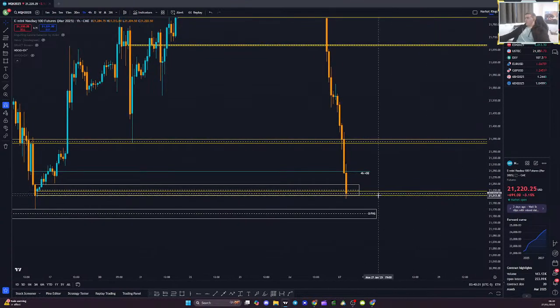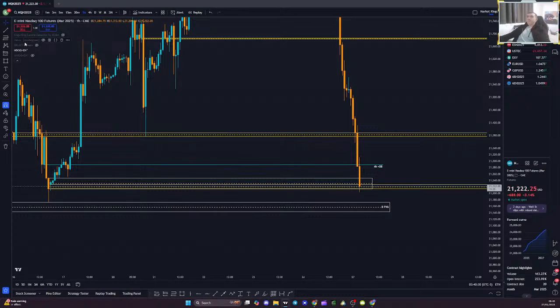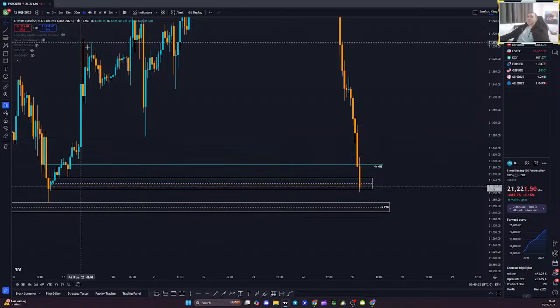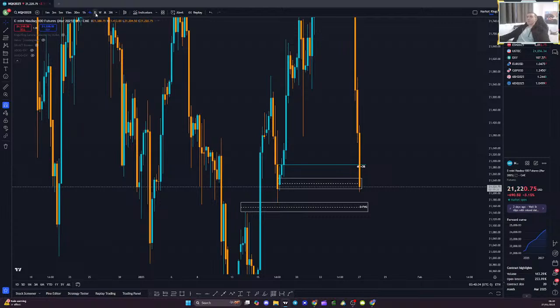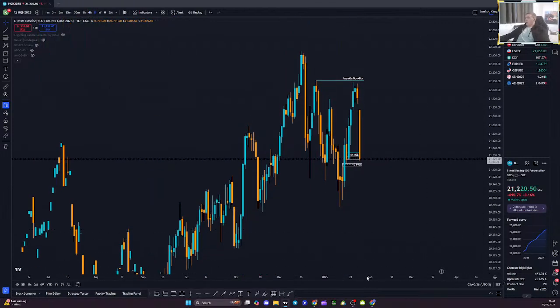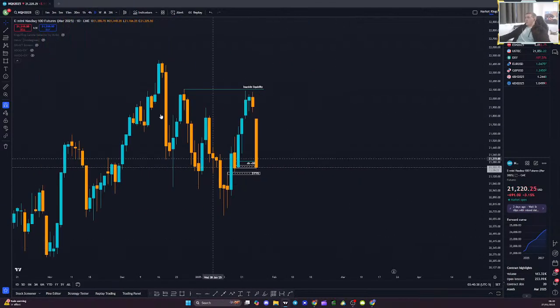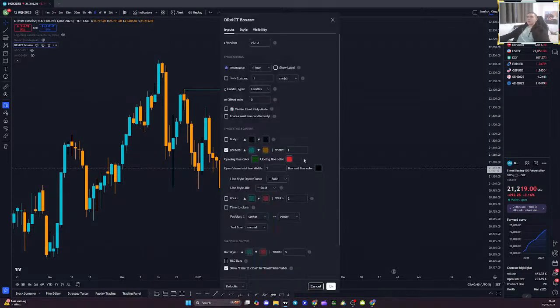I'm gonna be watching if we find support on this end, or do we just blow right through it and go lower. What about on the higher time frame? How is it looking? See the monthly.